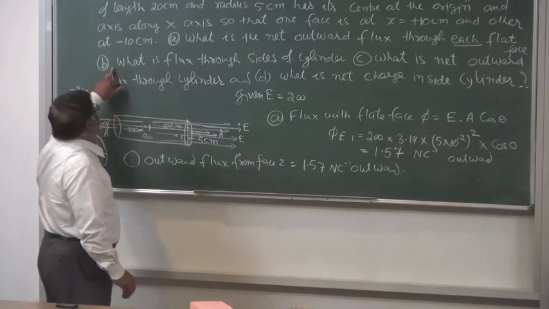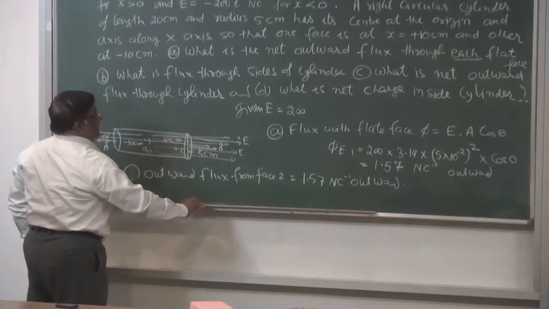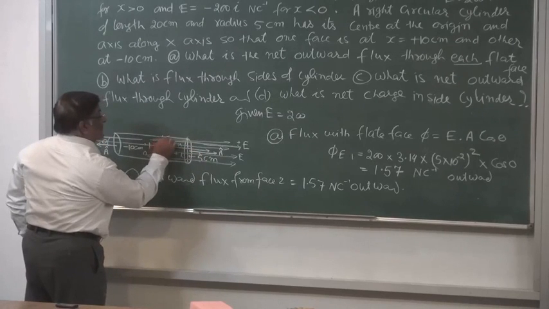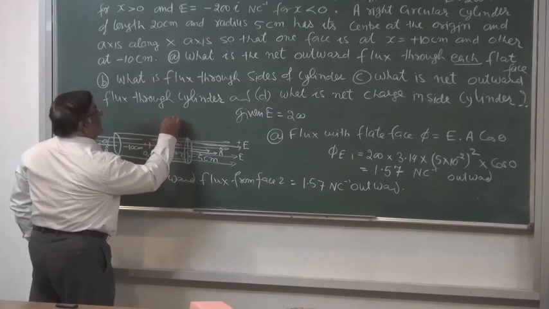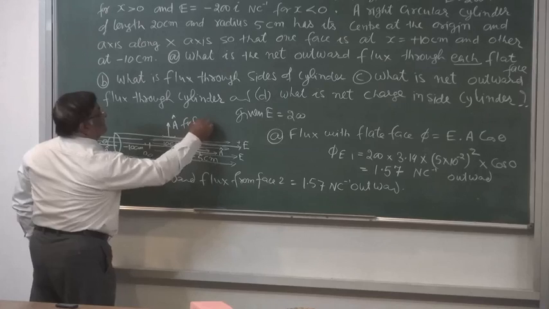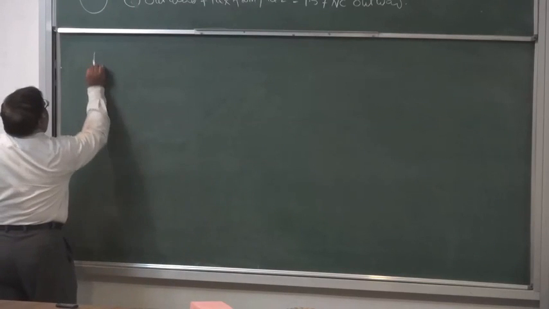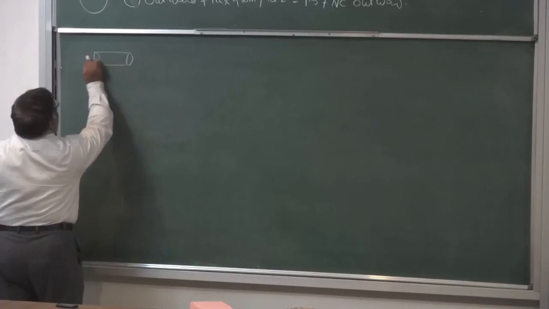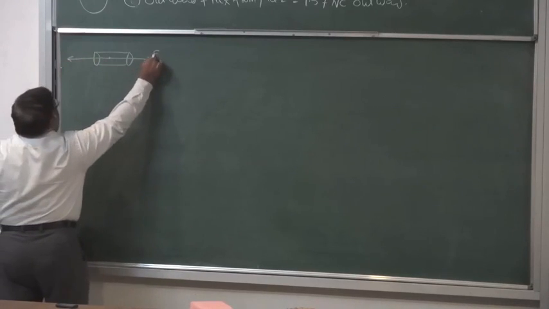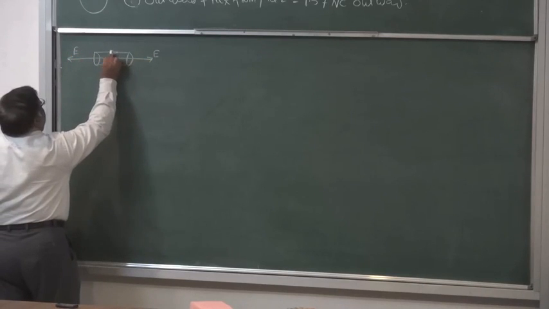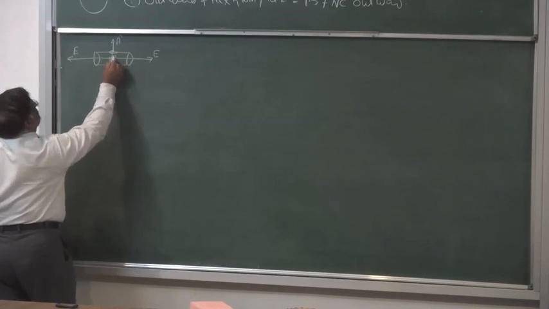Now we come to question B. What is the flux through the sides of the cylinder? This side, this is the electric field. If we take a small area of this side, then this is the area vector for the side. Now if we apply this formula, this angle is 90 degrees.